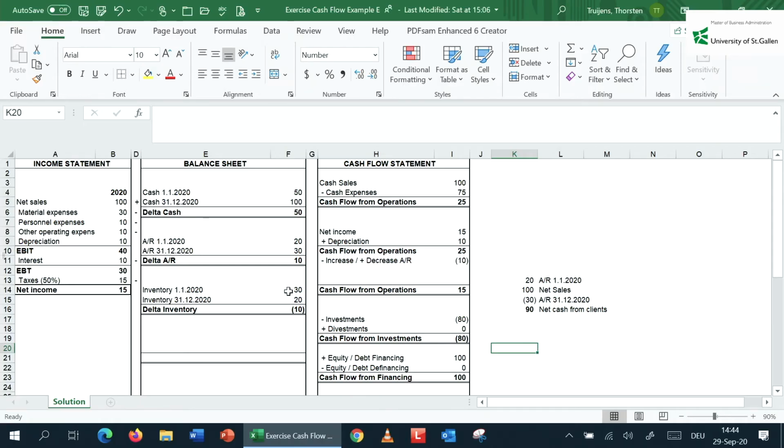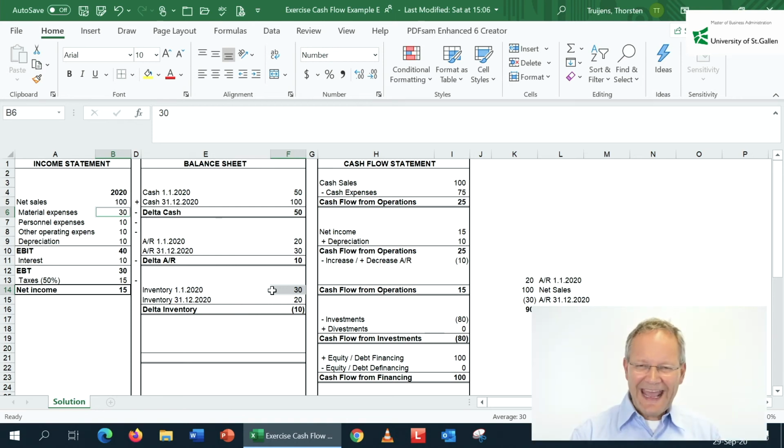So, let's develop the solution together. You can see you had 30 beer bottles at the start of the year, and you drank 30 in 2020. So what does that mean? If you drink 30 bottles and you already had 30 bottles in your fridge on the 1st of January, that means in order to drink those 30 bottles, you didn't have to buy new bottles.